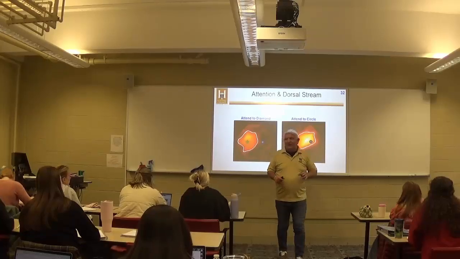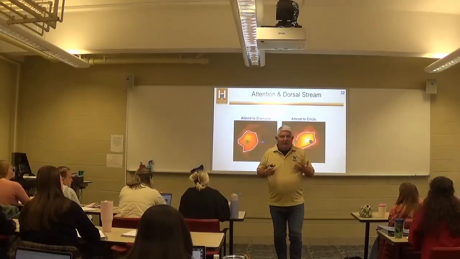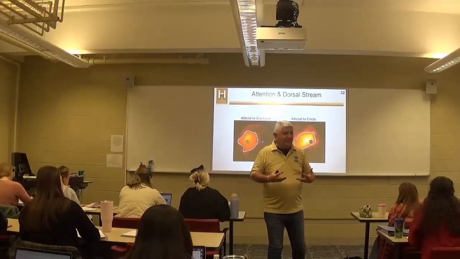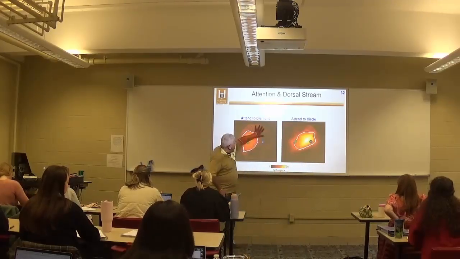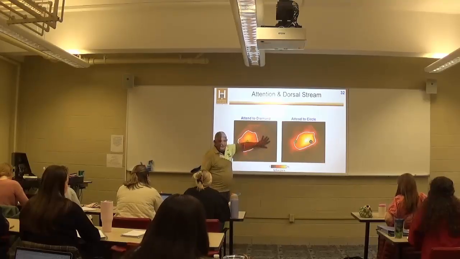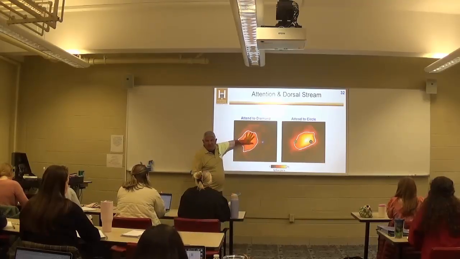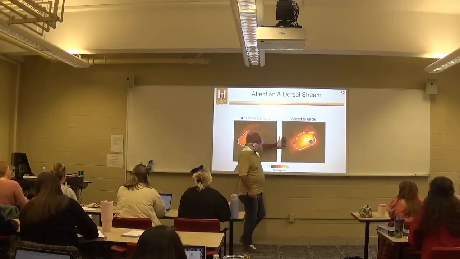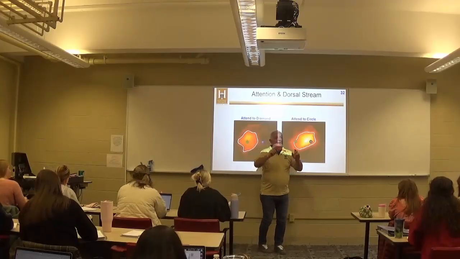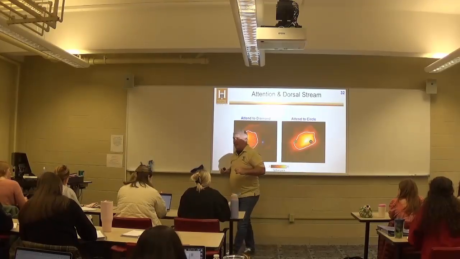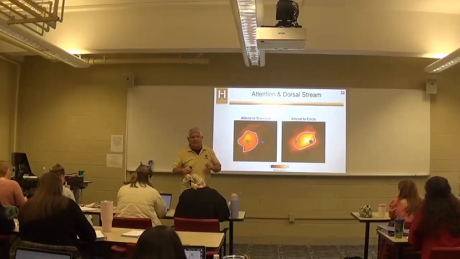The only difference is they ask people to focus on a different stimulus. When they tell them to focus on the green diamond, this is the pattern of brain activity that's happening in their visual cortex. And when we tell them to focus on the blue circle, a different pattern of brain activity happens, even though there's no difference in the bottom-up signal. There's zero difference in the bottom-up signal.